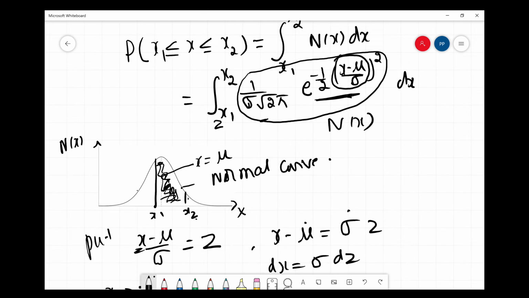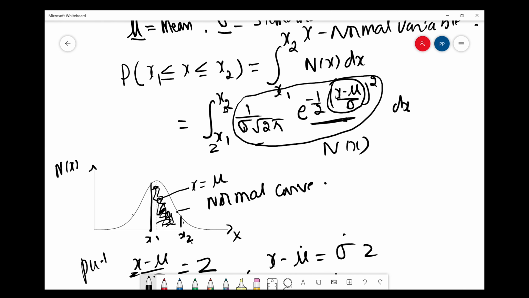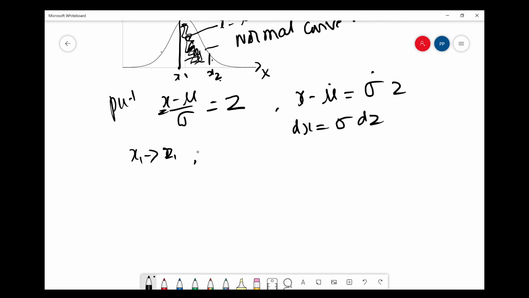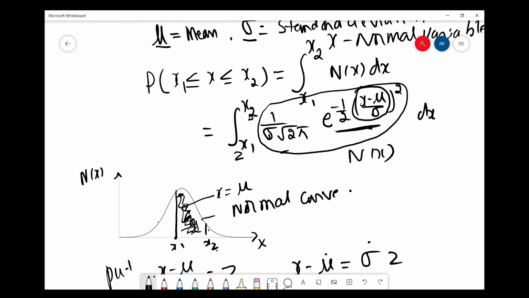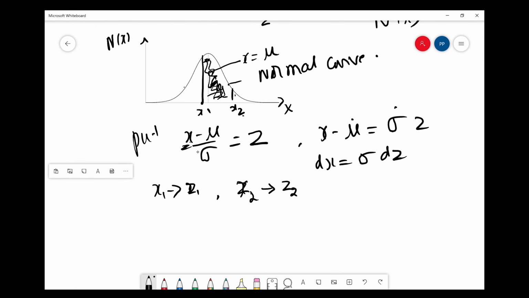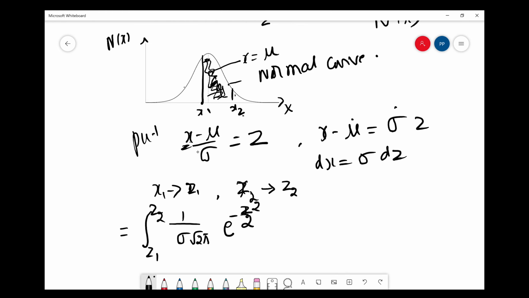For the upper limit of x, namely x2, let us assume that you are substituting here x2 minus mu by sigma. We call it z2. That is, for x2, the corresponding limit is z2. Then this integral will be transformed into the integral from z1 to z2 of 1 by sigma root 2 pi into e to the power of minus z square by 2 into sigma dz.